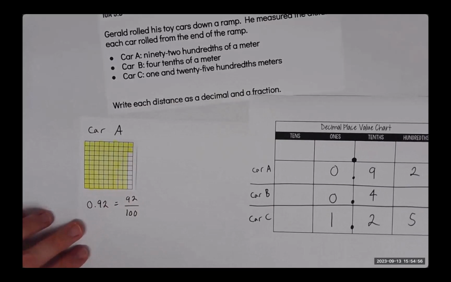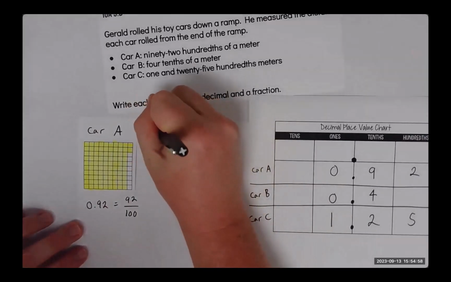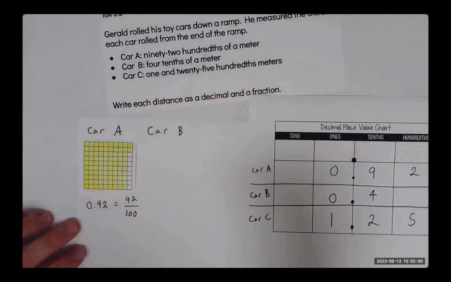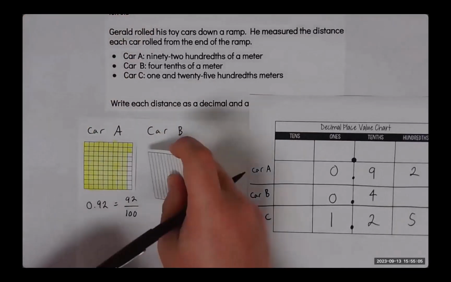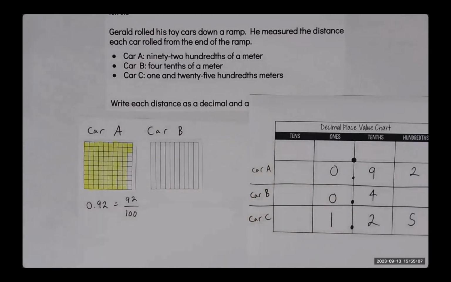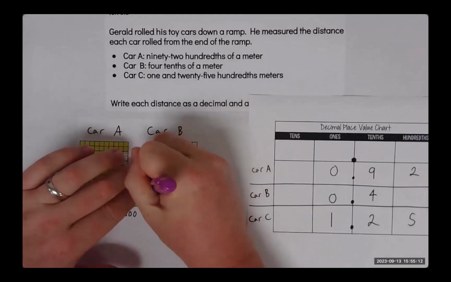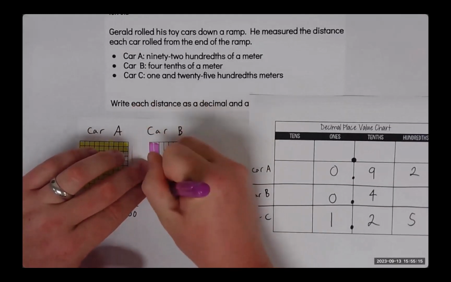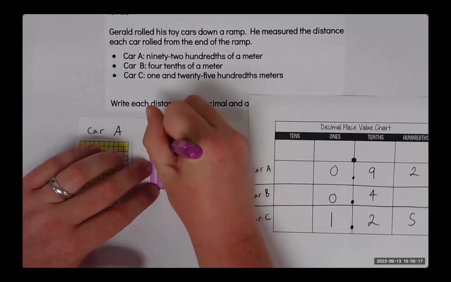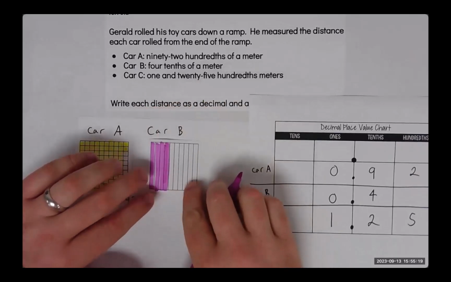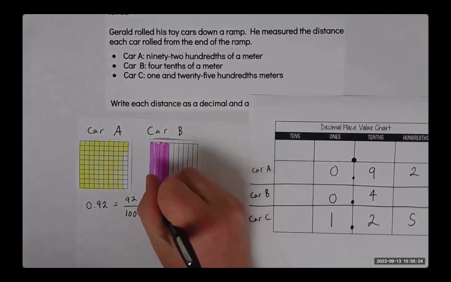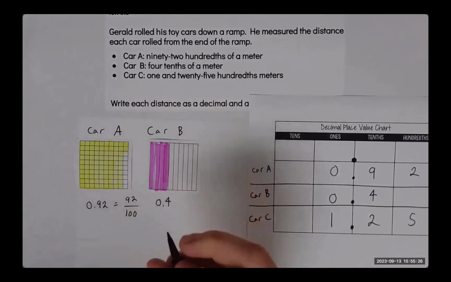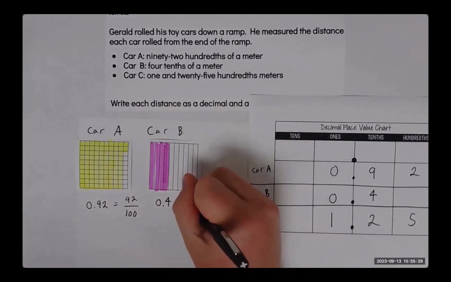For car B, we have 4 tenths. So I can use my decimal grids decomposed into tenths. I can shade in 4 of the tenths. And I can write this as a decimal as 4 tenths, or as a fraction as 4 tenths.